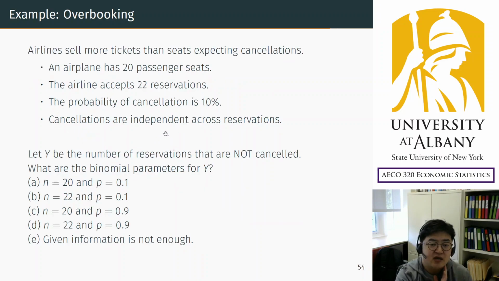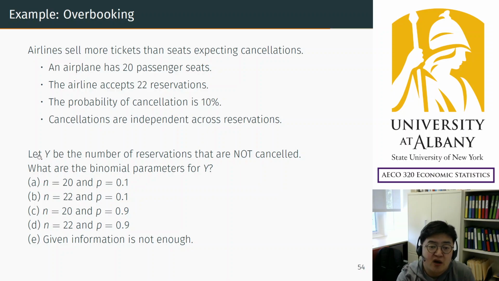And then the other side, N. Is it 20 or 22? 22 is the answer, because one reservation is one experiment. So there are 22 experiments. So you can have 22 different possible outcomes. Or an easier way to find this parameter is to think about the maximum possible outcome.